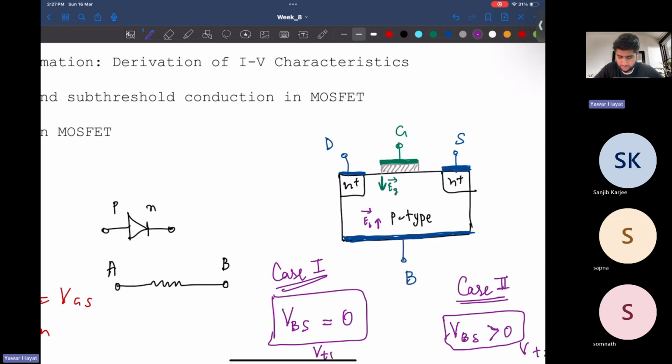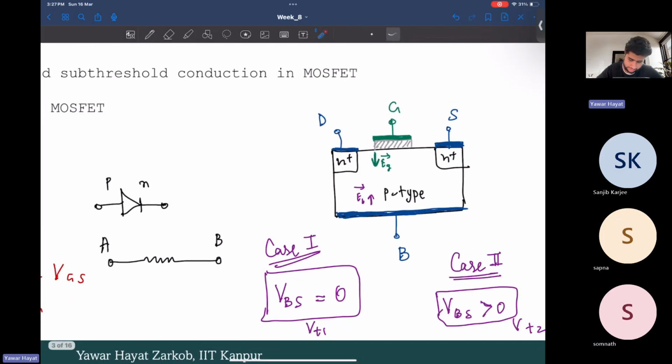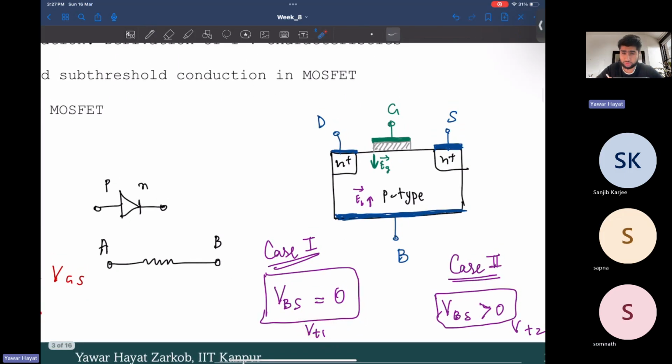Now suppose I was having an inversion channel at a particular gate to source voltage, which was corresponding to a particular EG, right? Okay, what is the net electric field? This is EG, this is EB.